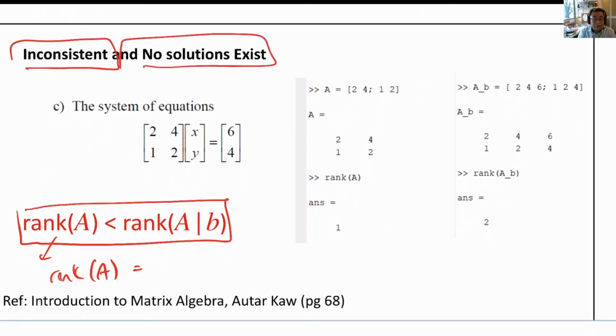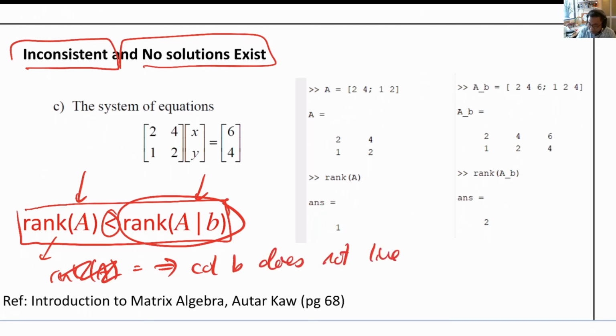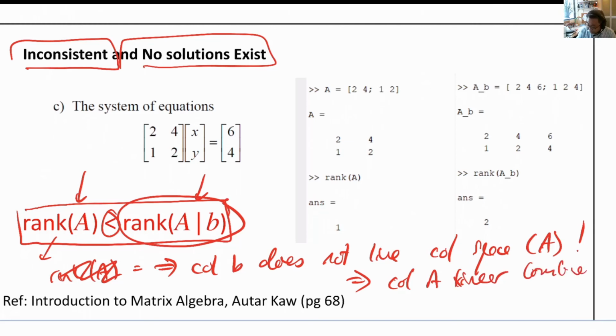Instead of plotting the two graphs and checking whether they intersect, we check the rank of A versus the rank of A augmented with B. If the rank of A augmented with B is greater than the rank of A, then column B does not live in the column space of A, implying that we'll never get a linear combination of the columns of A to get B. In this case, we call this system of equations inconsistent.